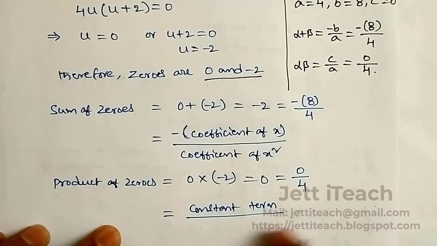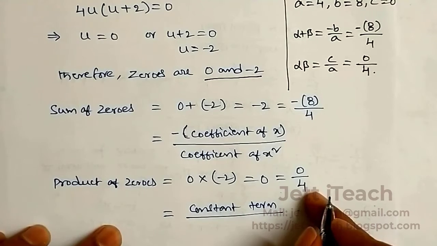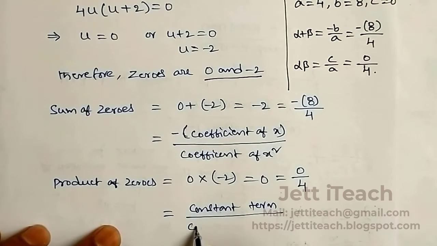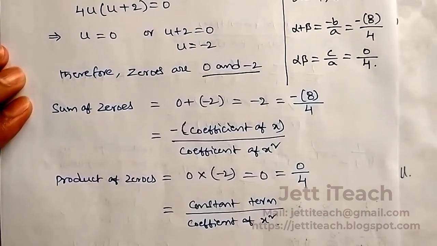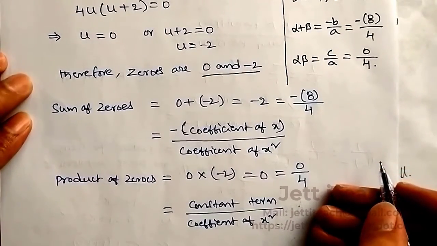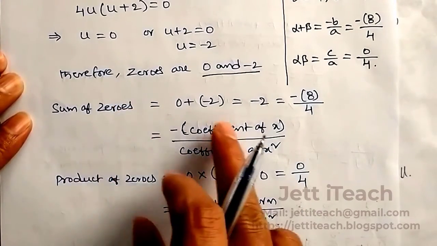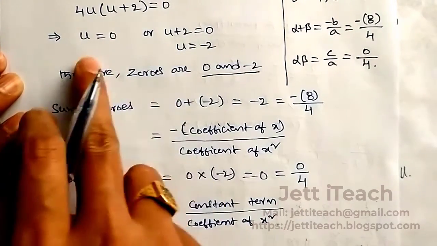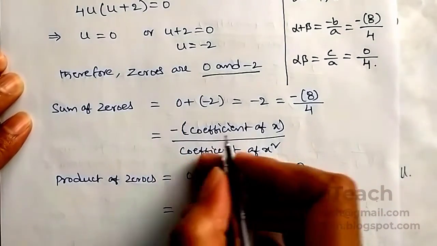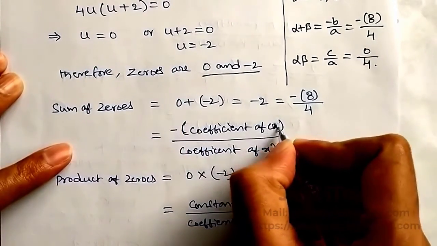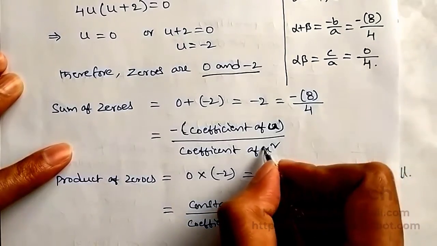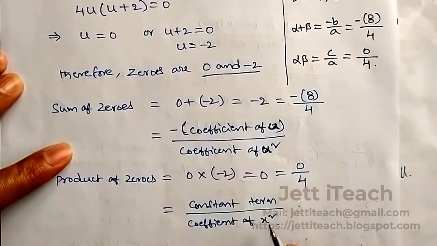Constant term by 4 means coefficient of x square. We have one correction here. This is the polynomial given in u, so we need to write coefficient of u square. So similarly here coefficient of u square.